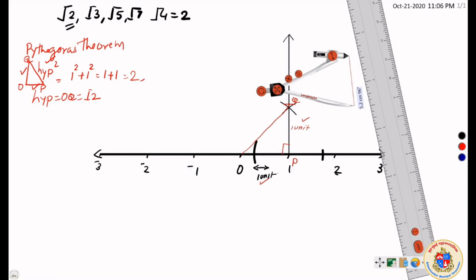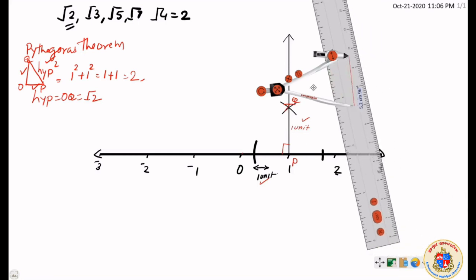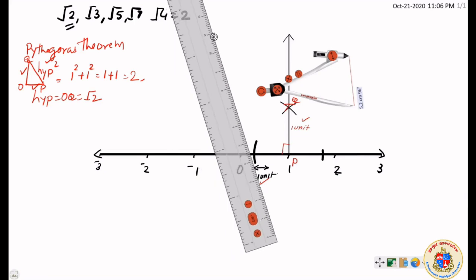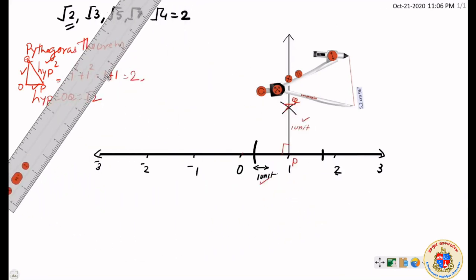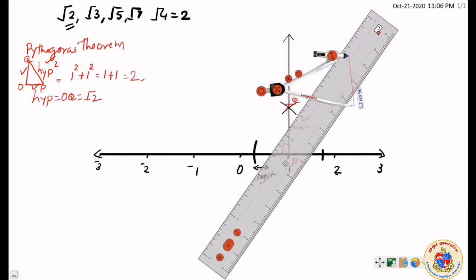We got it. So let me make this very clear to you. This became root 2. I will remove this rough one from here, and I will make this line perfectly correct, because we understood that the hypotenuse over here, this length, is equal to root 2. Let me draw the length root 2 over here.